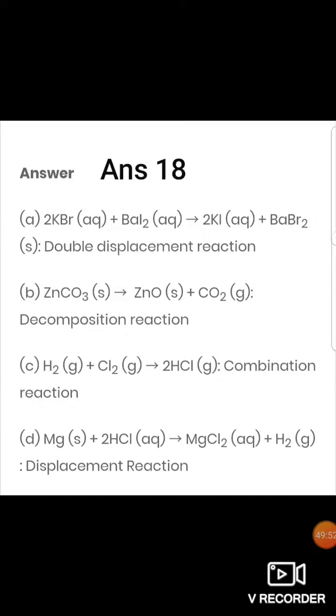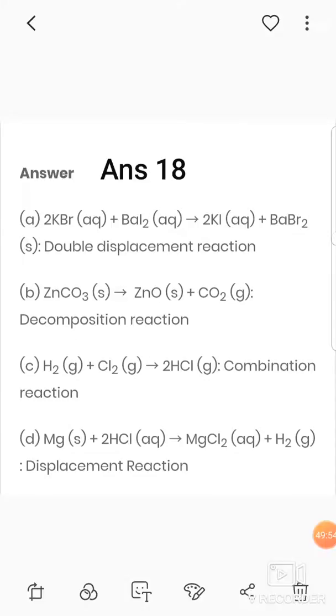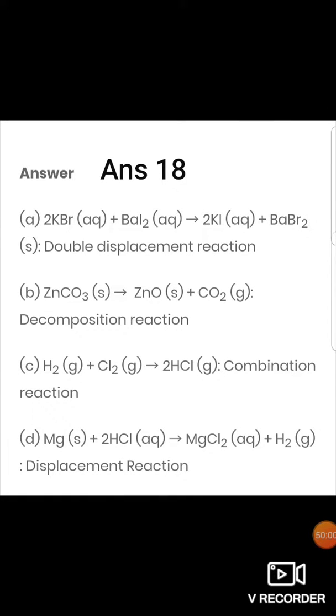So there is an exchange of elements in a double displacement reaction.